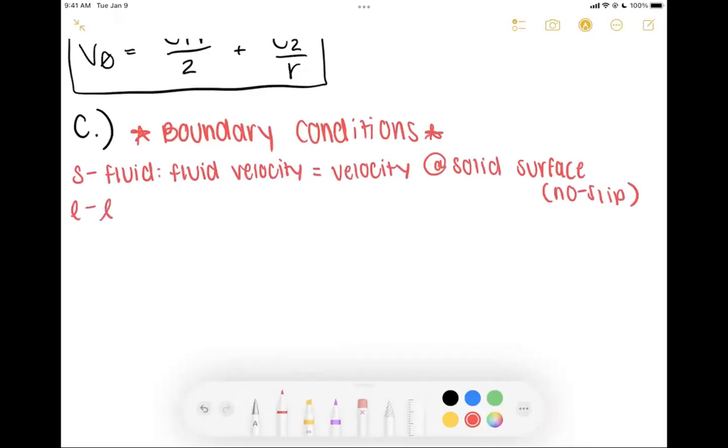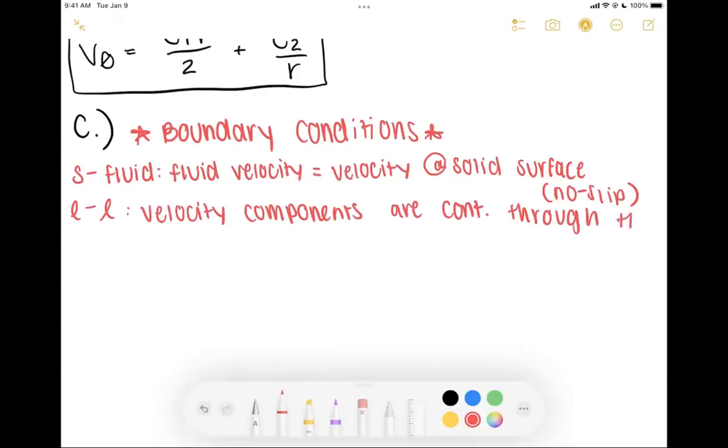Next is a liquid-liquid interface, where velocity components are continuous through the interface.